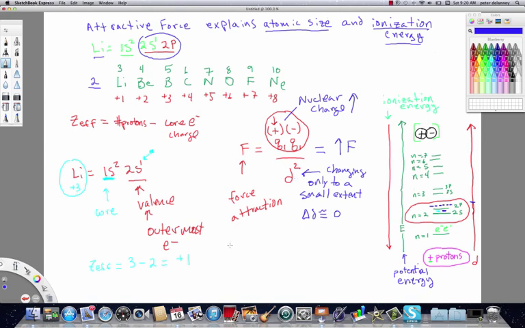And so your atomic size decreases because the electrons are being sucked in closer to the protons, and your ionization energy is going up. It has to as we go left to right across the table, because the force of attraction on those electrons is increasing. So the amount of attraction that those electrons are being pulled towards the nucleus is going up.